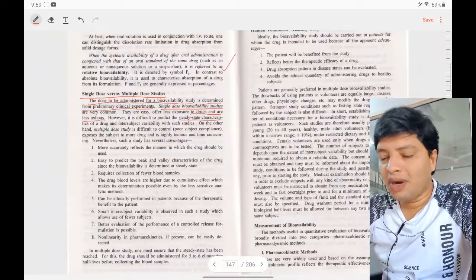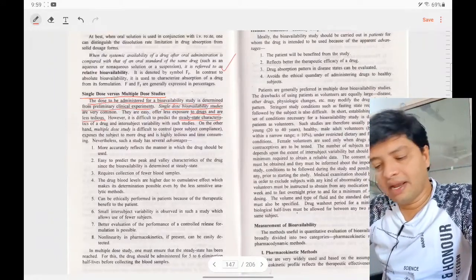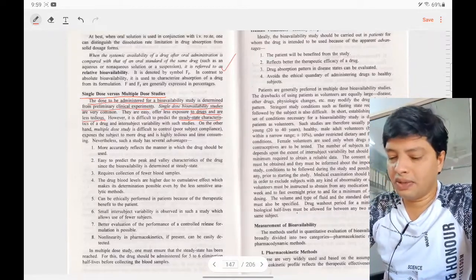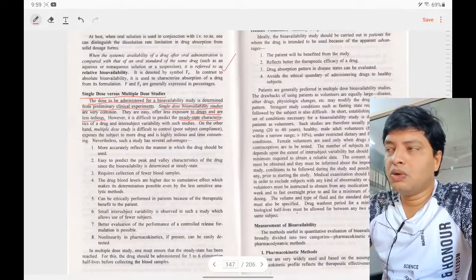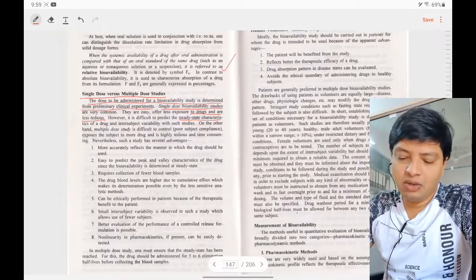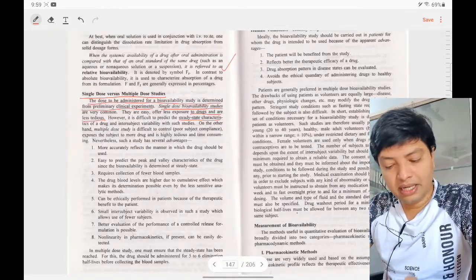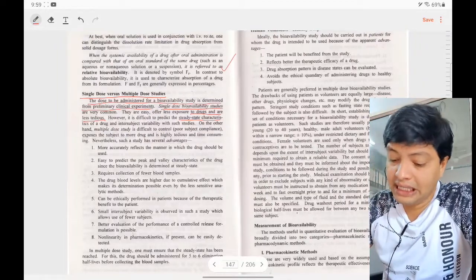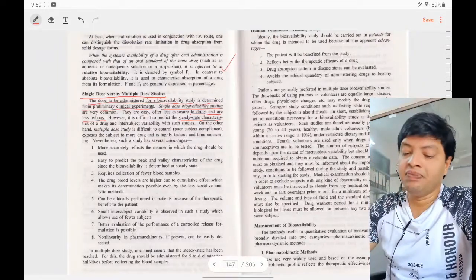I have covered what steady state is in my previous videos, so you can go and check that. So you can't evaluate the characteristics of steady state in single dose bioavailability studies.